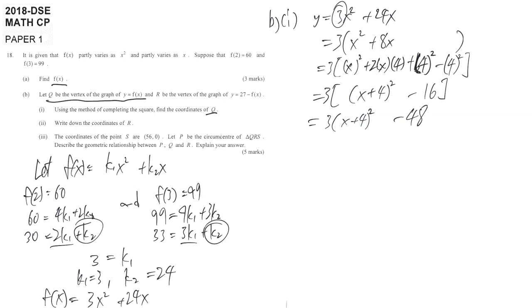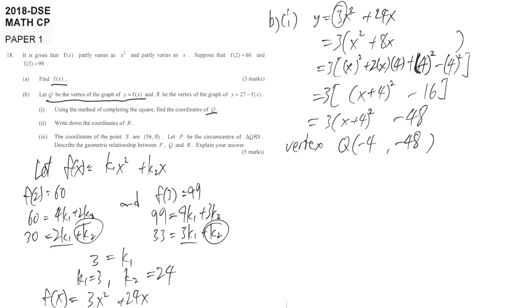So this is the vertex. They call the vertex Q. It is when x is equal to -4, such that this bracket will become 0 and give you the turning point. And then when this term becomes 0, the only result is this constant term. So the constant term here represents the y coordinate of the vertex.